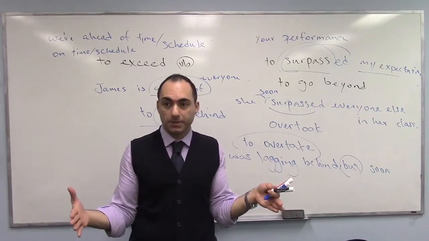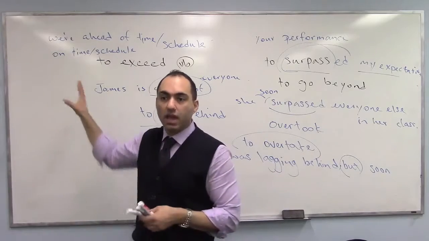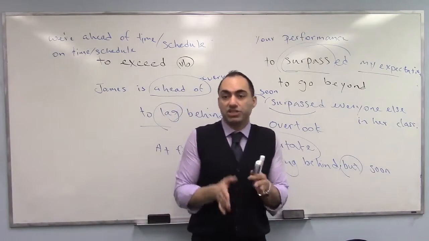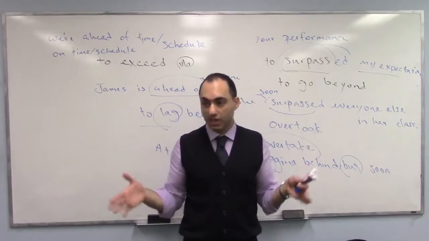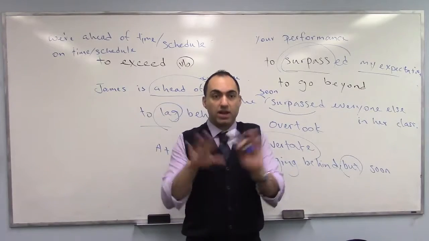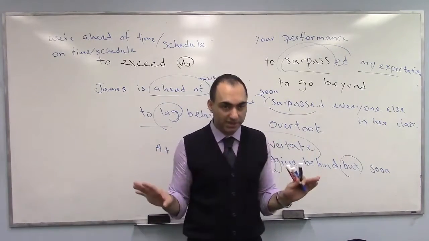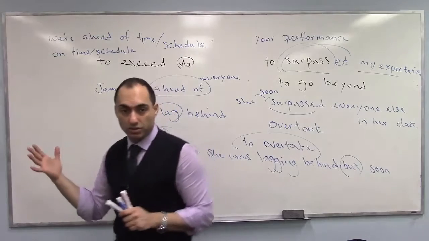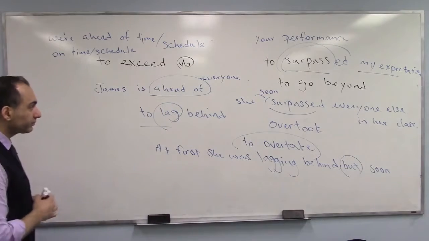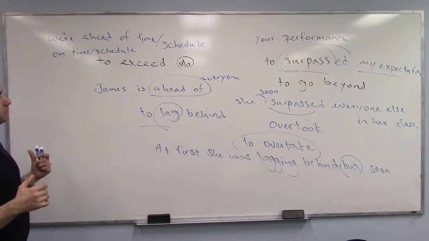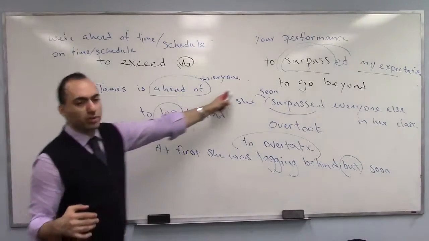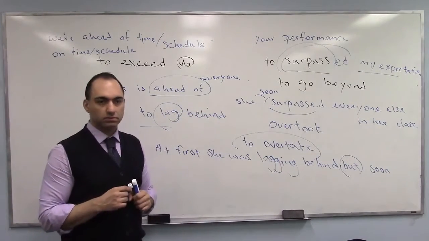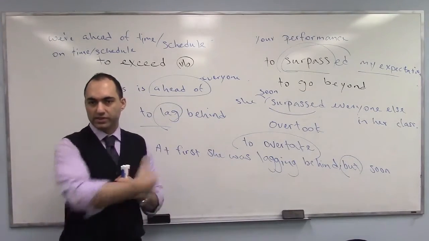So we're ahead of schedule. If I was supposed to finish 10 chapters, and I have finished 10 chapters, then I'm right on schedule, right? But if I'm ahead of schedule, so, James is ahead of everyone else in his class. He's better than everyone else, he's ahead of them.